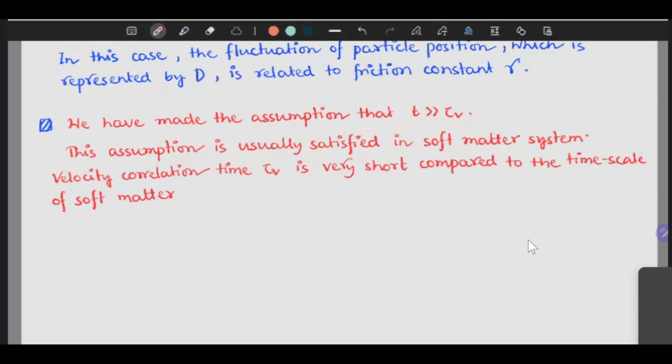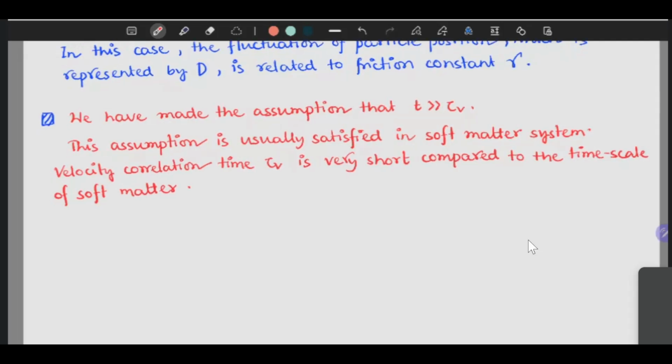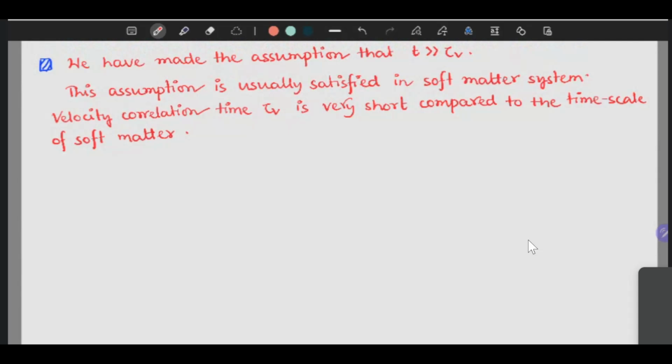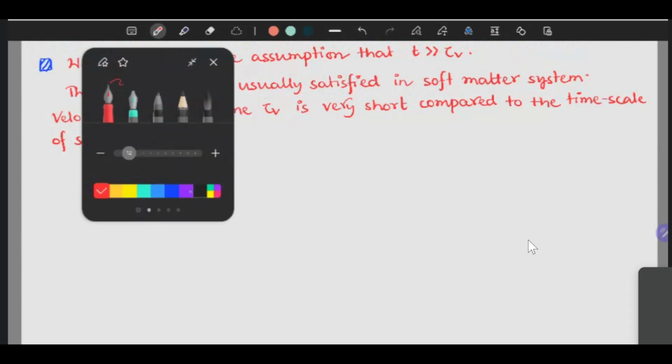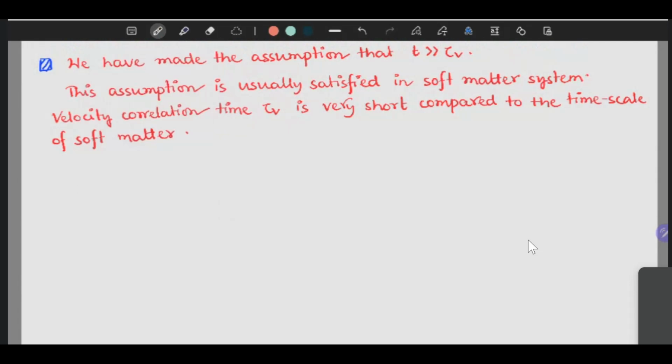Okay. So to understand this from an example point of view, let's say a typical colloid suspended in a fluid, let's say water. So it has a radius, let's say a is equal to 0.1 micrometer.